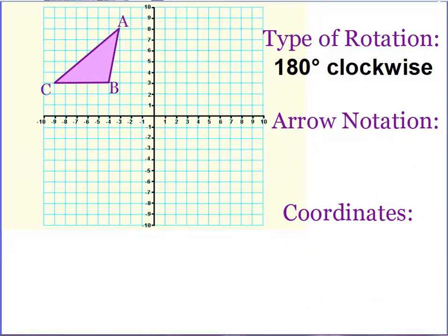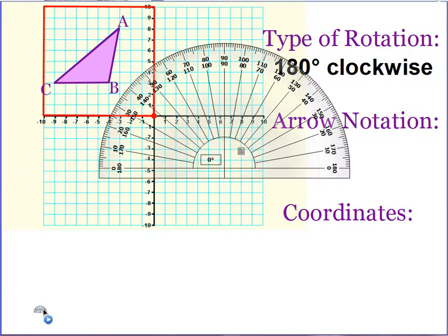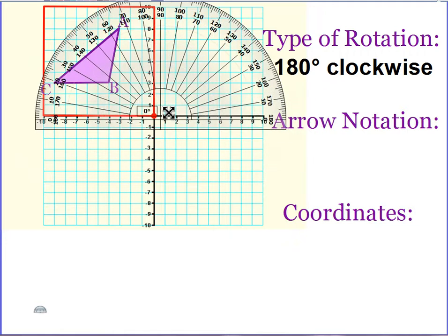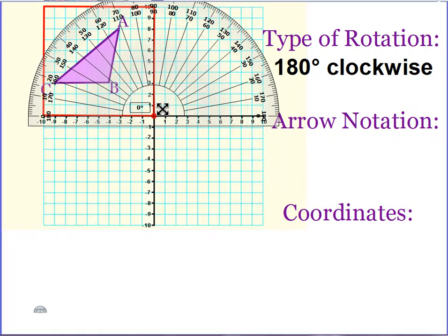Now let's look at a 180° clockwise rotation. Again, we're going to use that same quadrant since our entire triangle is in quadrant 2. And let's take a look at what a 180° rotation would look like. If I'm going to go clockwise, that means that this line, again, down here on the x-axis, 0 degrees on my protractor over here, is going to have to rotate all the way around to the opposite side of my graph.